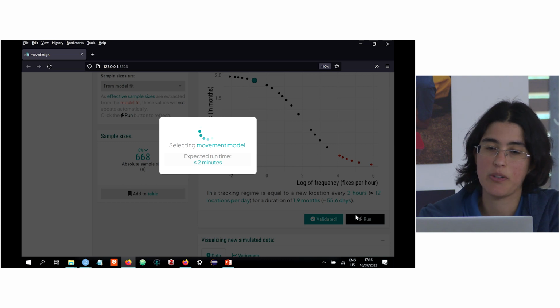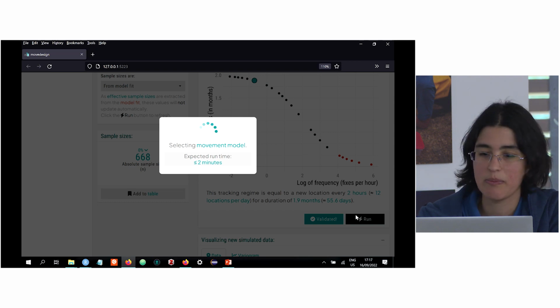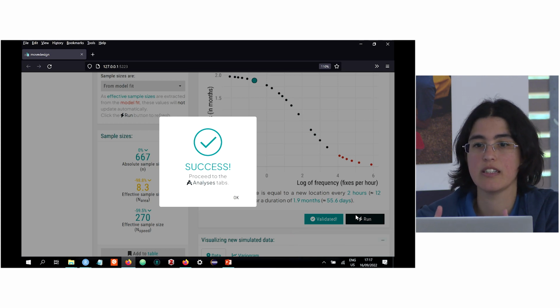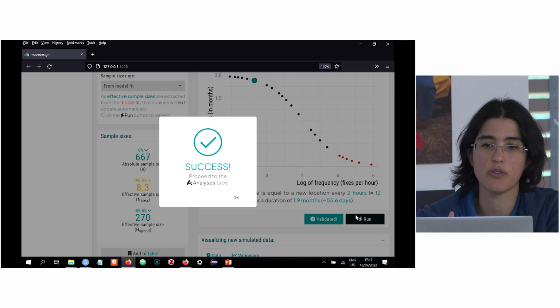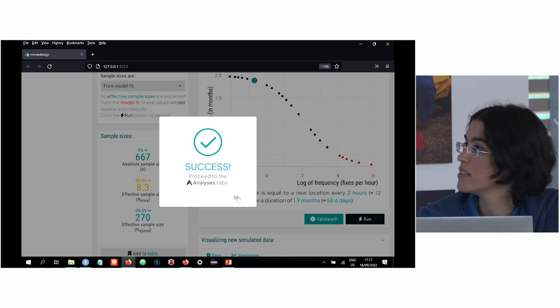And we know how increasing the sampling duration and the sampling frequency influences them. Essentially, because we're trying to look at home range estimation, the sampling frequency doesn't matter too much for the home range estimate you get. So you don't need super high resolutions to get home range estimation. We already know that from the beginning.